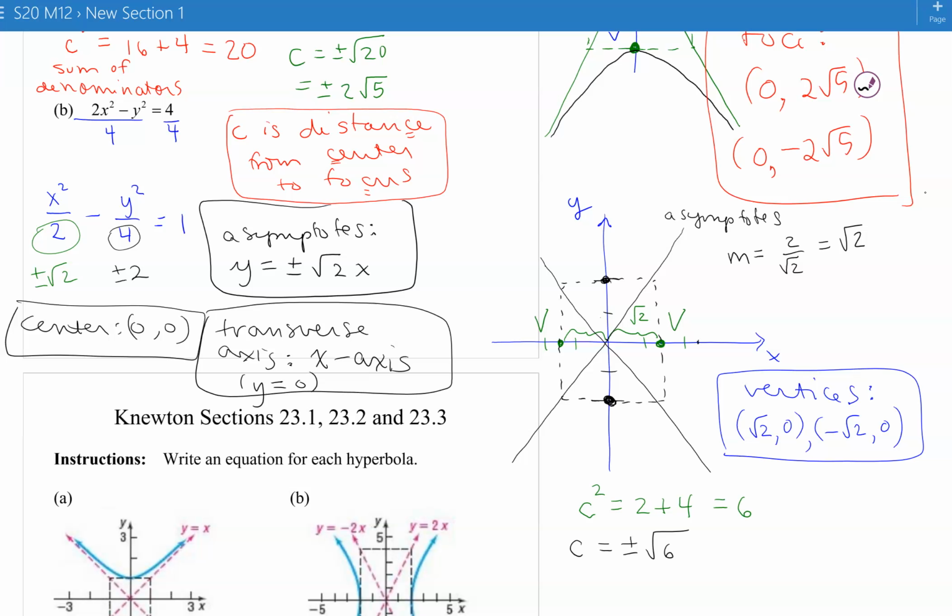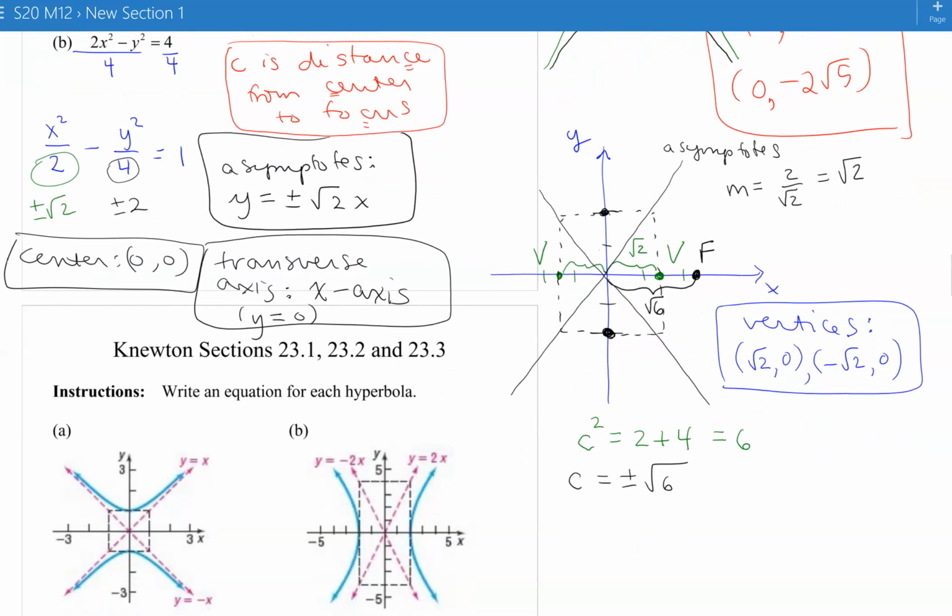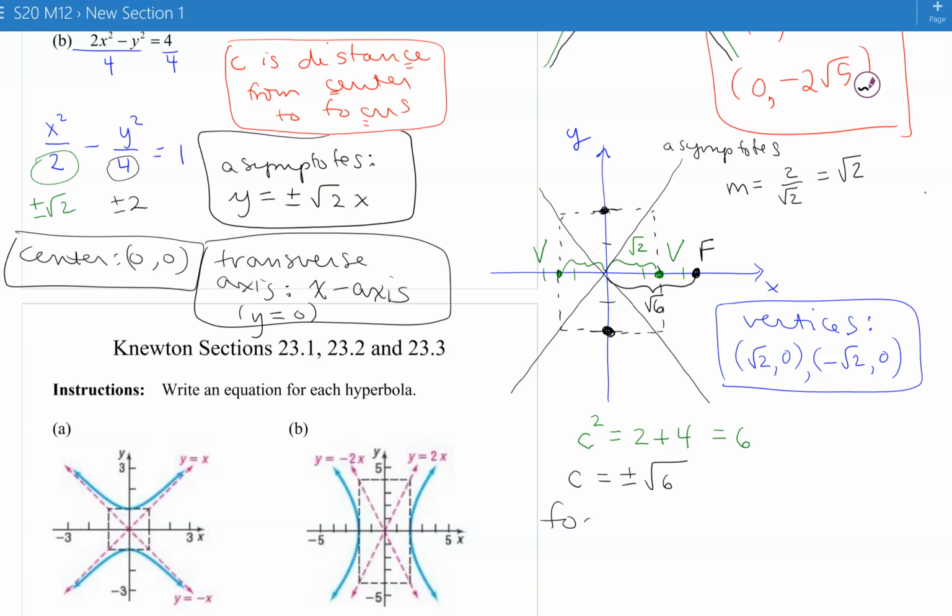So I know the distance from the center to the focus is square root of 6. So my foci will have coordinates of (square root of 6, 0) and (negative square root of 6, 0).